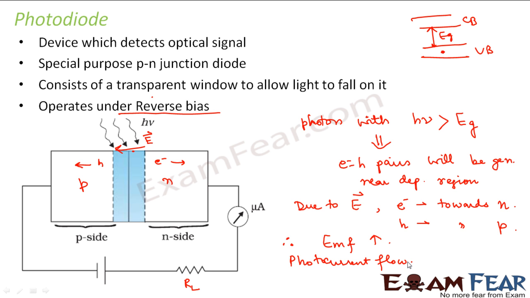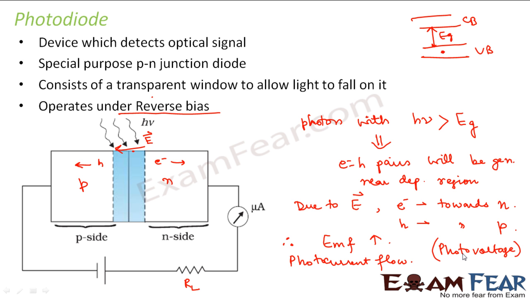Now this potential difference between the two ends is known as photovoltage. Why photovoltage? Because this potential difference arises because of the light which falls on this semiconductor. From that light, this term photo has come, and this potential difference is called voltage. So it is called photovoltage. As a result of this, photocurrent flows, right?